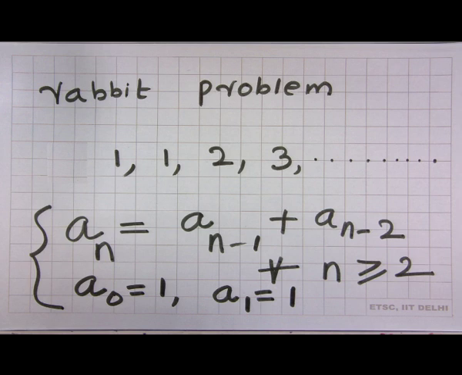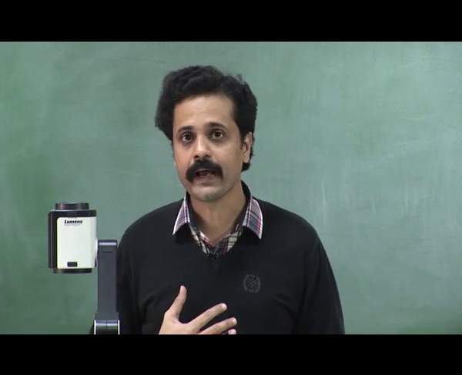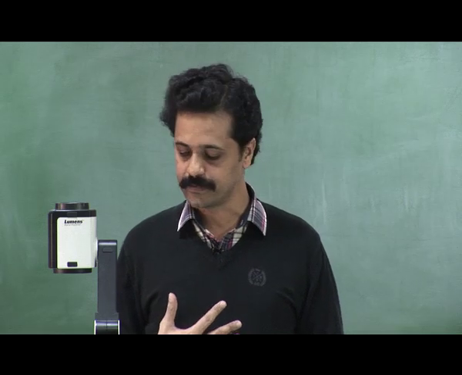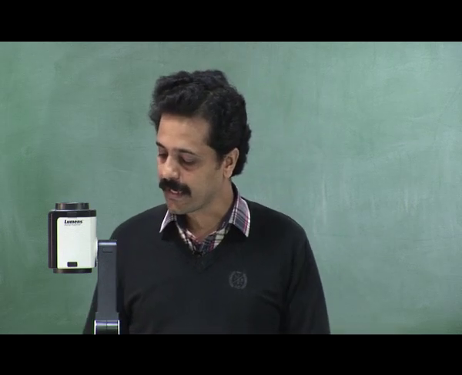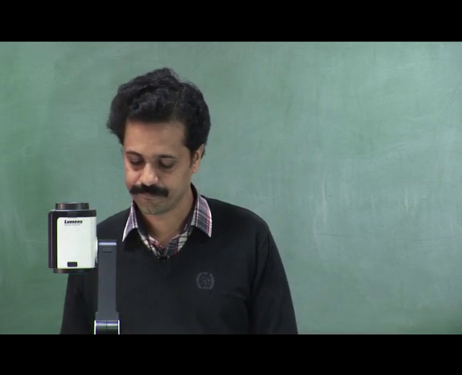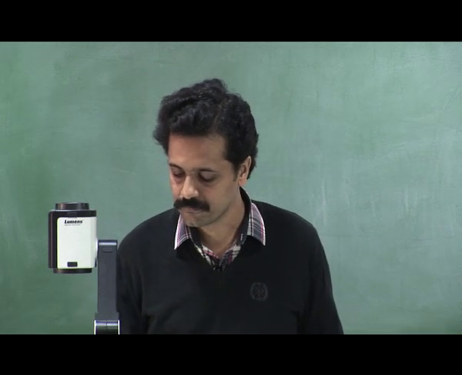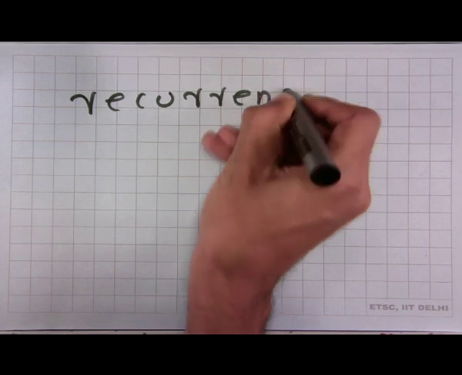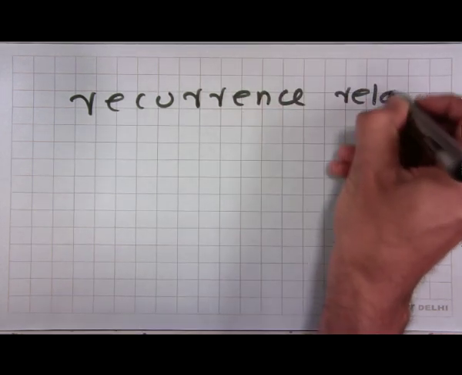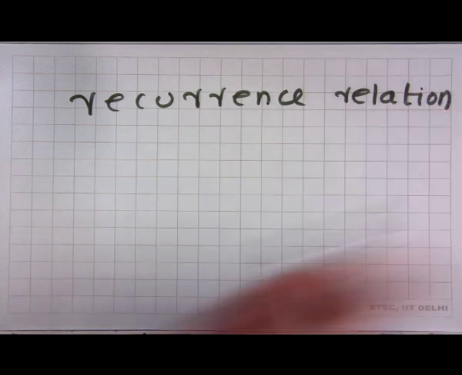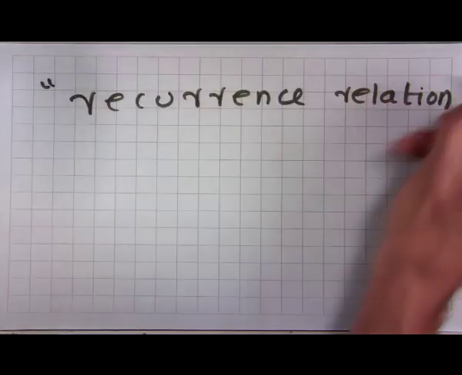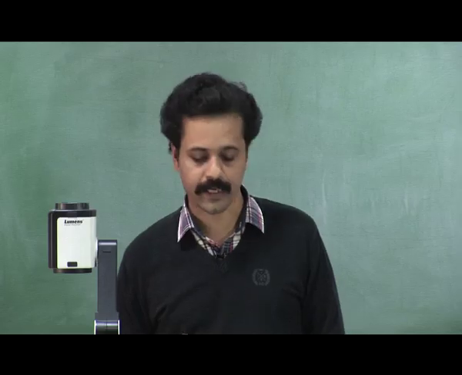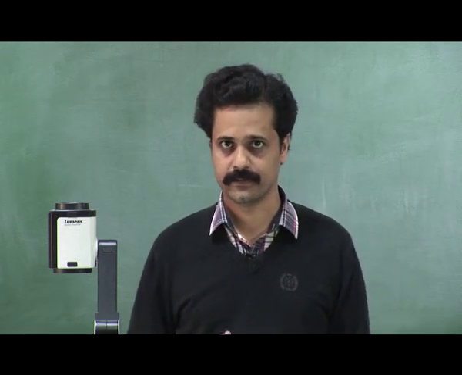Such an expression which describes a sequence by writing a particular term using previous terms is called a recurrence relation. Thus, recurrence relation is another way to describe a sequence.